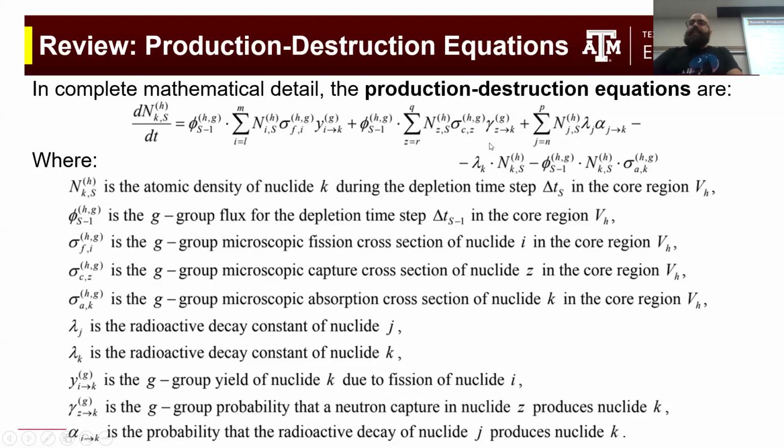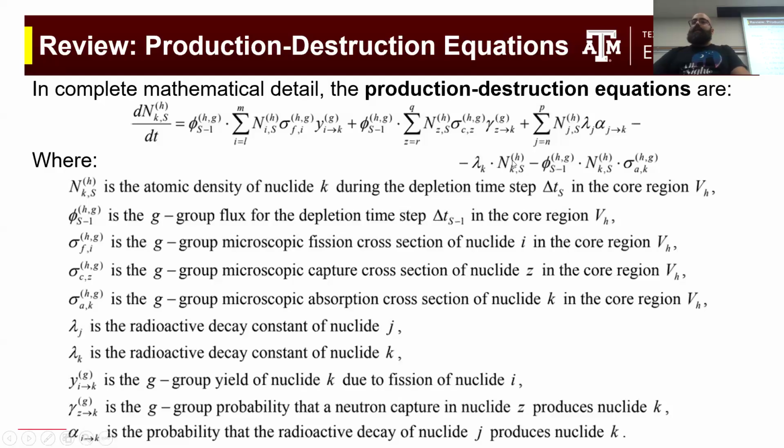The index Z is for all of our capturing, all of our transmutable nuclides that could capture a neutron and produce the isotope K. And then J is the decaying nuclide index, which is saying this is all of the decays of isotope J that could result in the production of the isotope K. So those are all the production mechanisms for the isotope K.